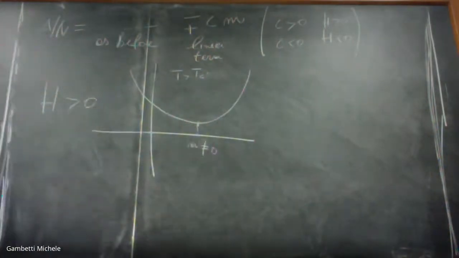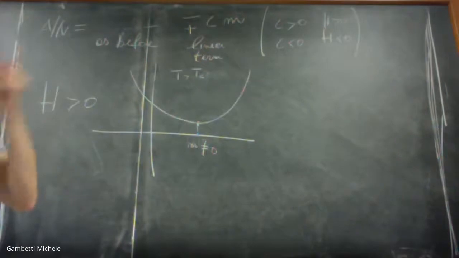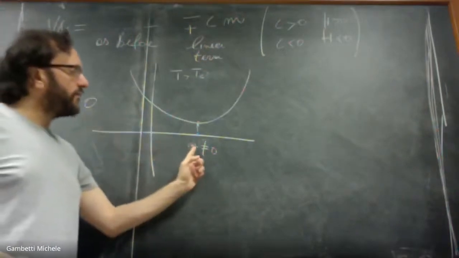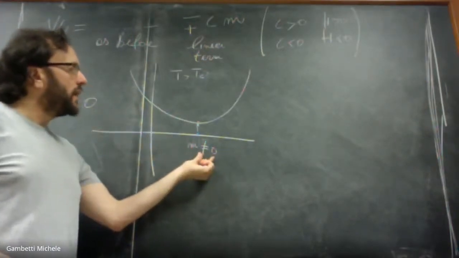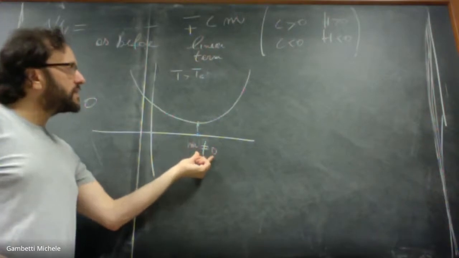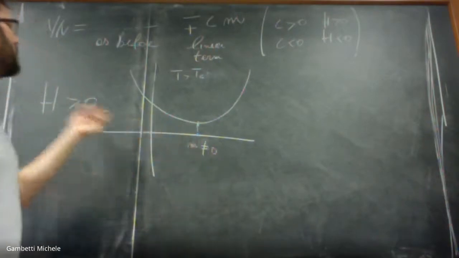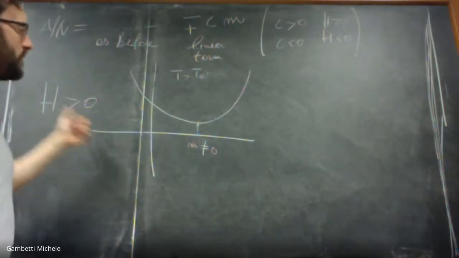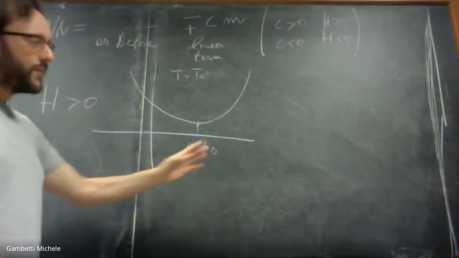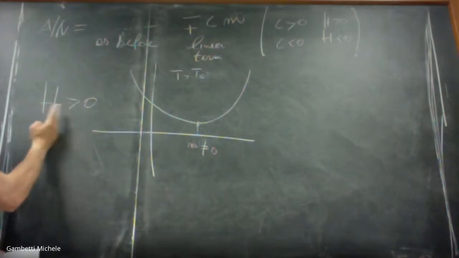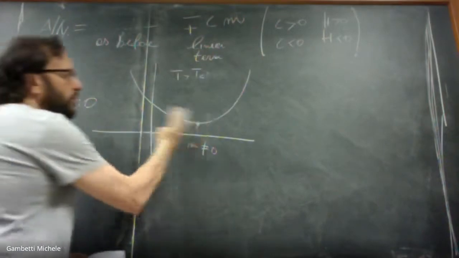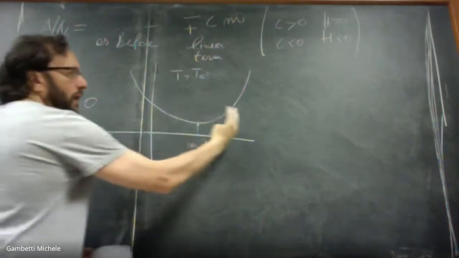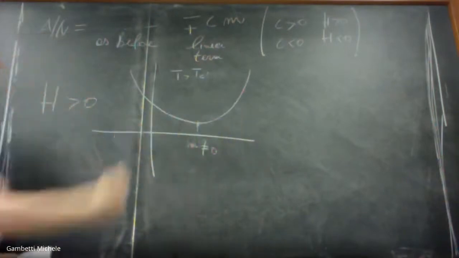The minimum of the free energy occurs this time at a finite value of m, and this finite value of m is driven by the values of the magnetic field. The larger the magnetic field, the larger the value of m. If I change the strength of the magnetic field, I can move this m to higher or smaller values.